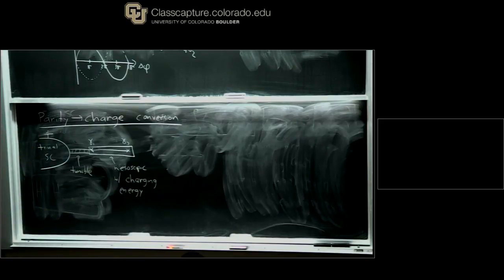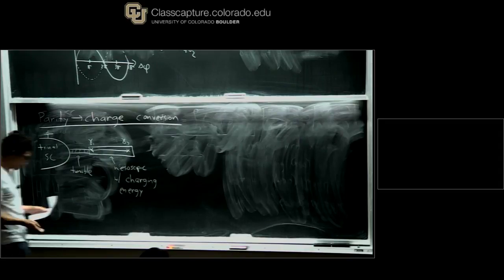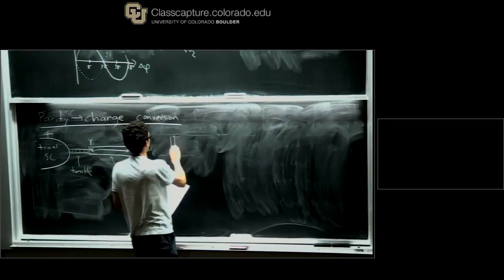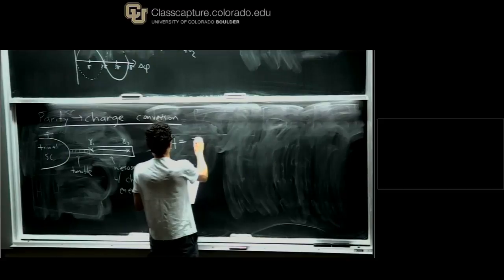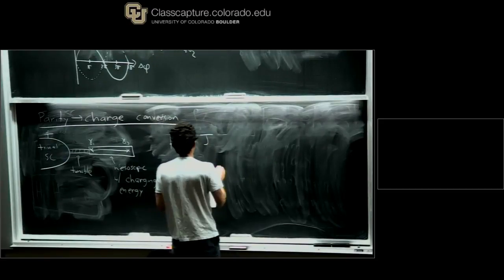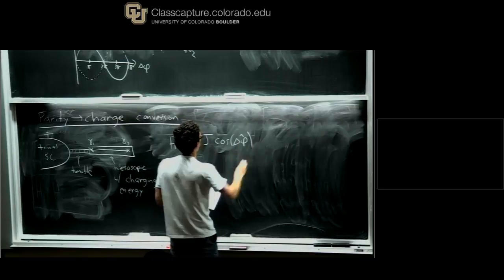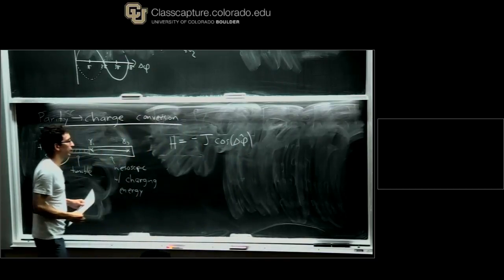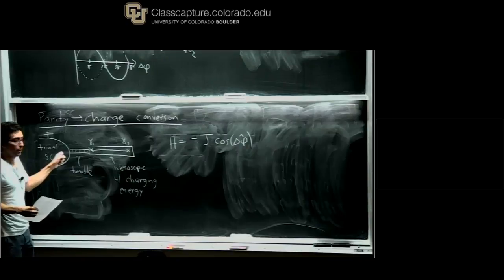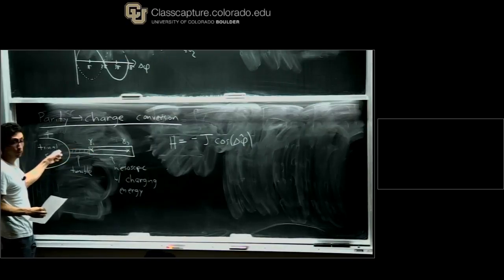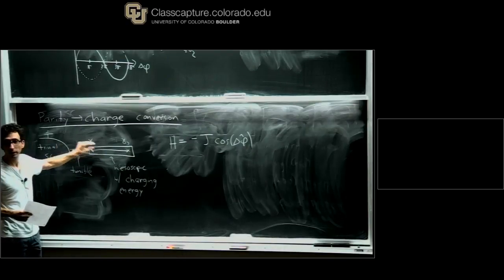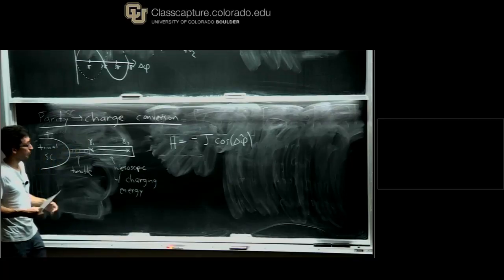All right, so let me write down a toy Hamiltonian that captures the physics that I'm interested in. There's going to be two pieces. There's going to be a Josephson coupling, minus J cosine delta phi hat. Delta phi hat here is an operator. That cosine term just shuttles Cooper pairs, charge 2e objects, from here to here, across that barrier.